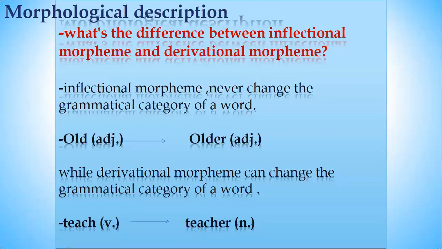So, morphological description. What is the difference between an inflectional morpheme and a derivational morpheme? As I said a while ago, the inflectional is not changing, and the derivational is changing. Like old, older, inflectional; teach, teacher, derivational, verb and noun.